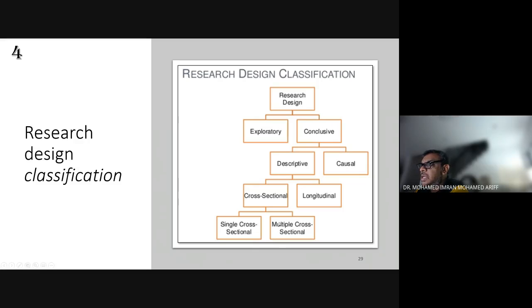Okay, single cross-sectional, maksud dia projek 8 bulan, potong, you interview them bulan ke-4. Multiple cross-sectional, interview them bulan ke-2, berhenti, interview them bulan ke-4, berhenti, interview them bulan ke-6. That is multiple cross-sectional.